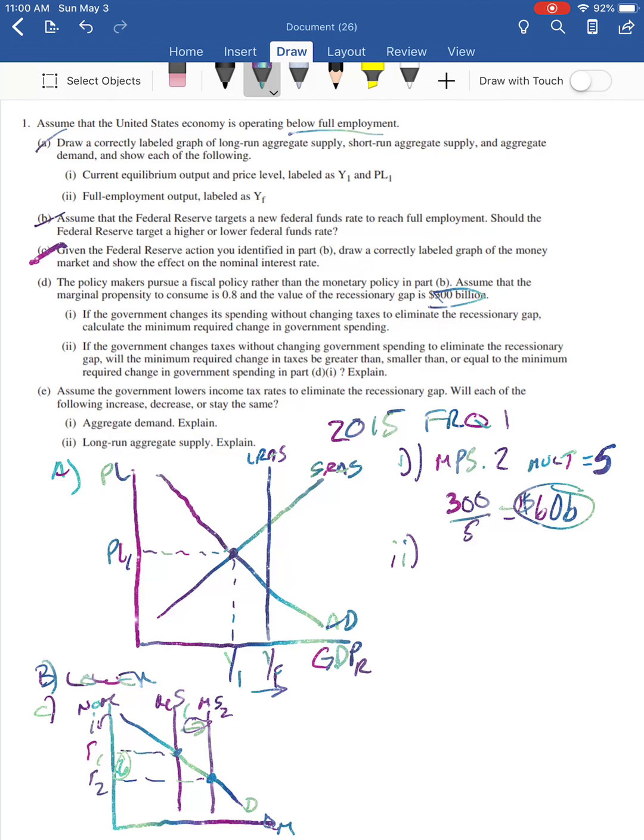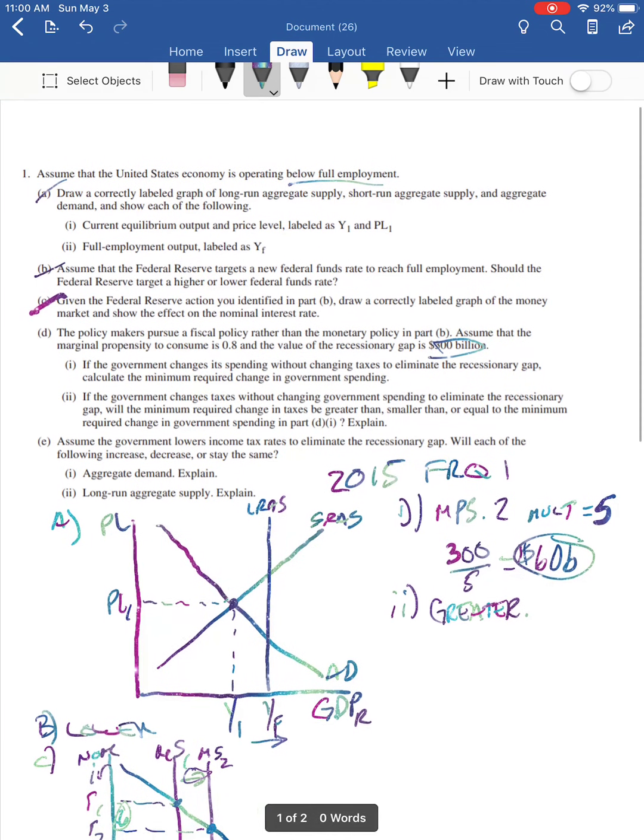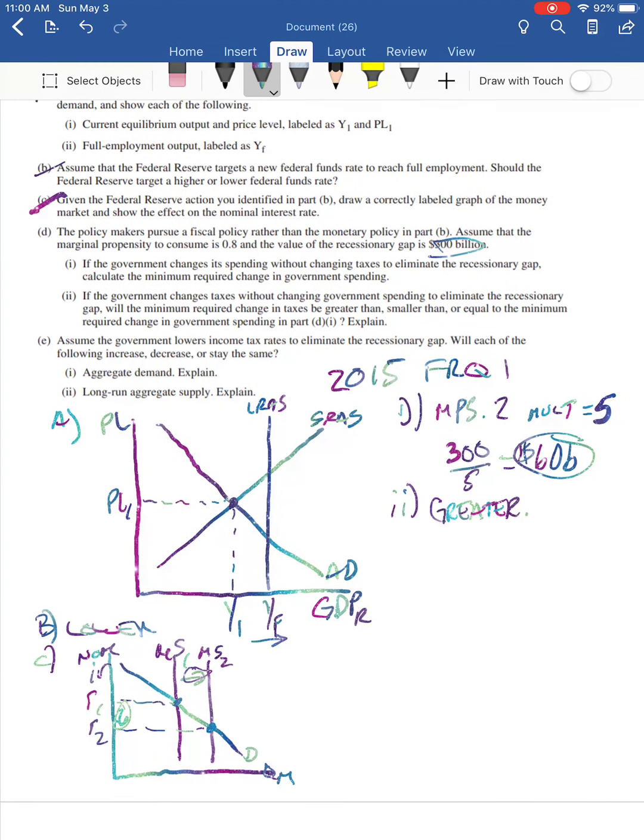So what you need to understand is that the tax multiplier is 1 less than the regular multiplier. So they would have to do a greater change. And that's what the explanation is as well, is that it's a greater change because the tax multiplier is 1 less than the spending multiplier. Part of the increase in income will be saved rather than spent. And that's why it would need to be a greater stimulus with taxes.